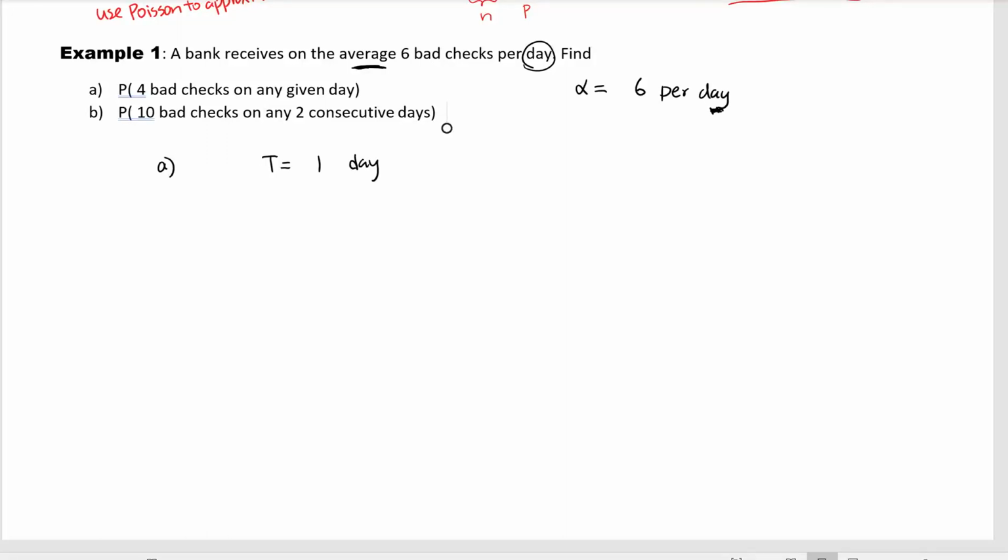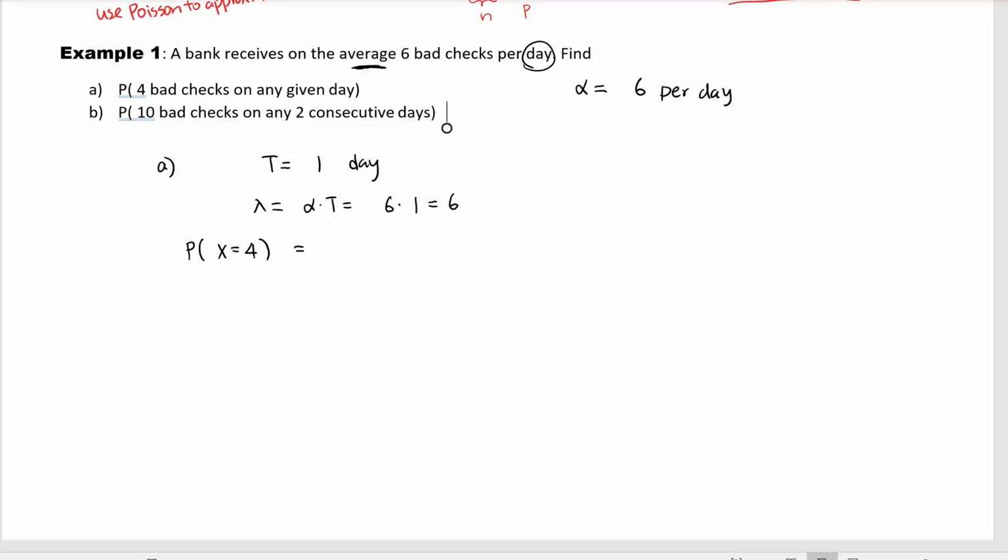Okay, we can use the Poisson distribution to calculate, because lambda is alpha times t. Alpha is 6, t is 1. So lambda is 6, right? So the probability that x equals 4, 4 bad checks on any given day.